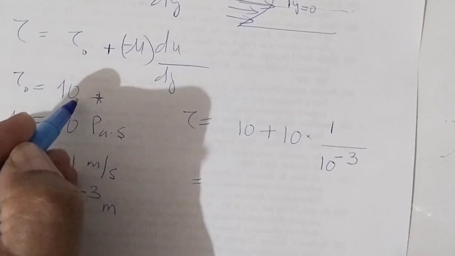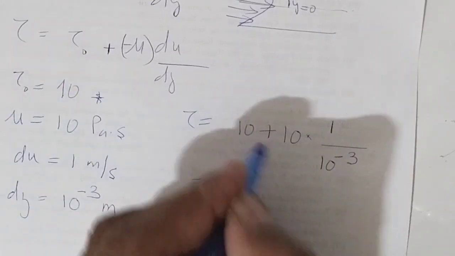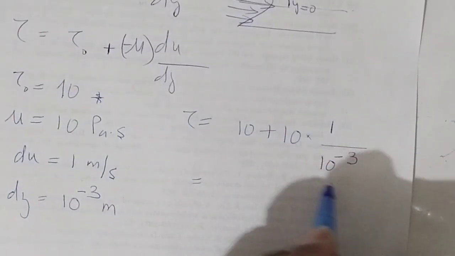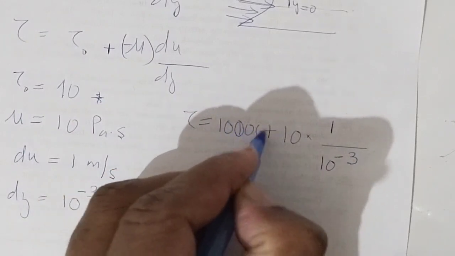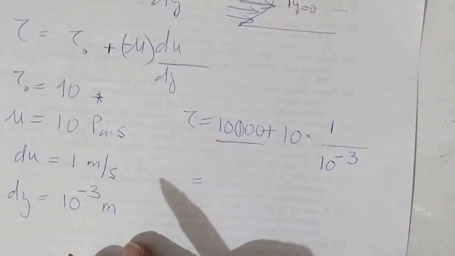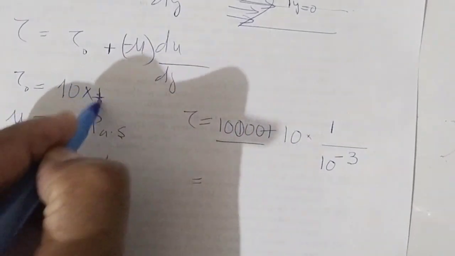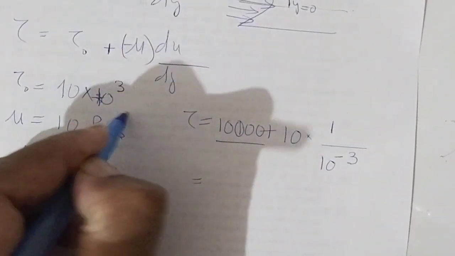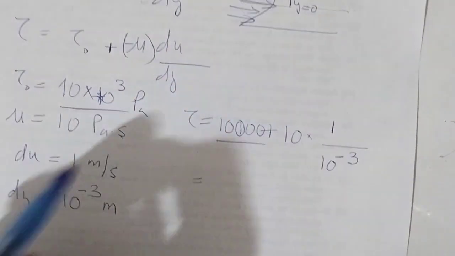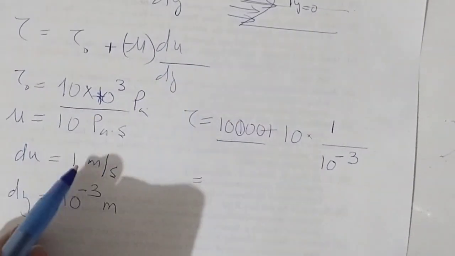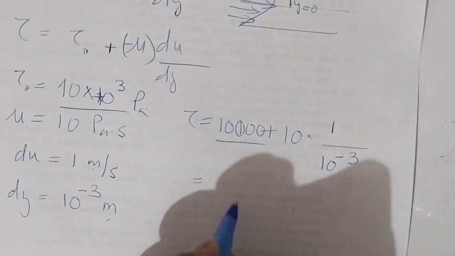This 10 is in kilopascal, so basically this should be 10,000 into 10 raised to 3 Pascal. I hope you understand it. So now Pascal second, meter per second and meter.